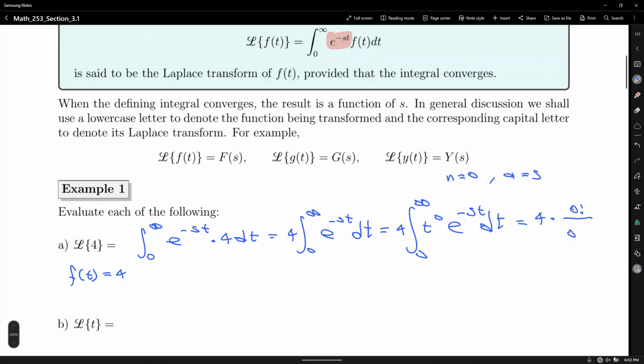So what do we do? The denominator is s to the n plus 1, 0 plus 1, and 0 factorial equals 1, so we get 1 over s to the first power, which is 4 over s.